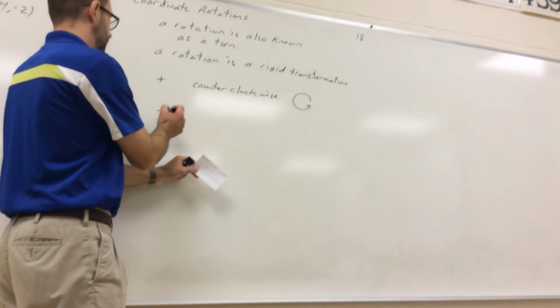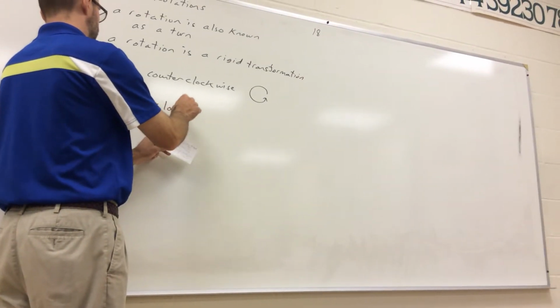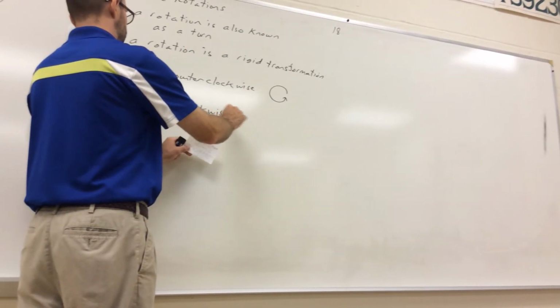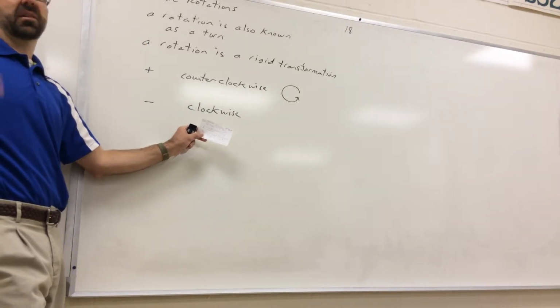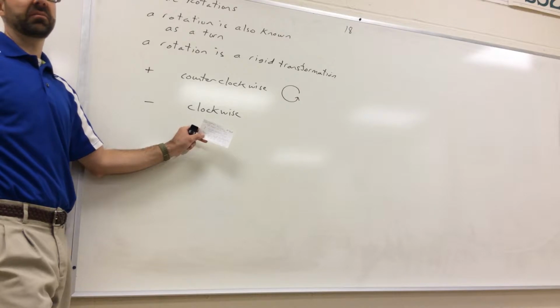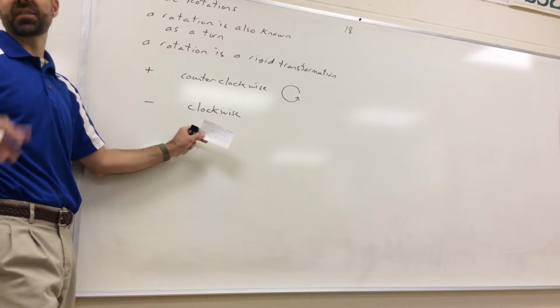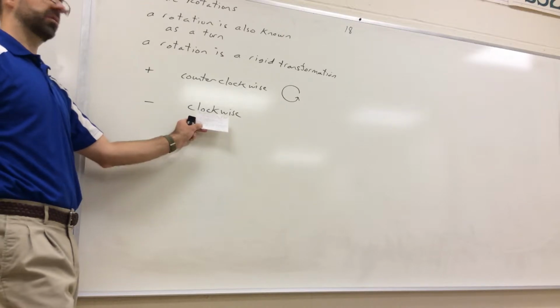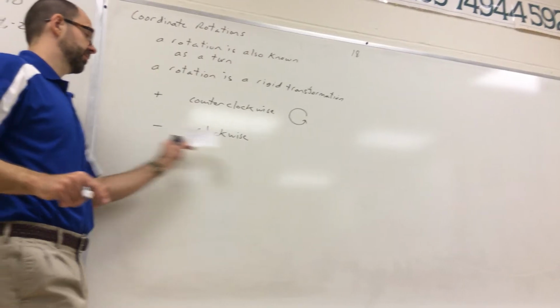And then negative is clockwise, same as a clock. So that's kind of weird that clock seems normal to us, so it seems like that should be positive, but it's not that way. Clock normal to us this way is negative.